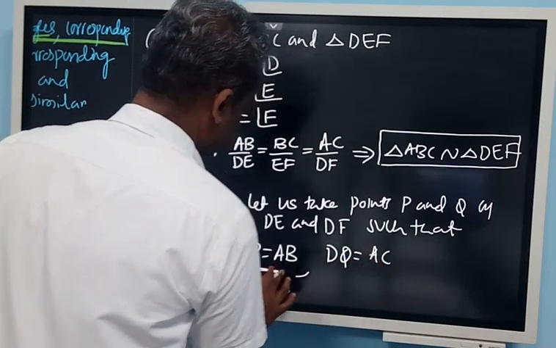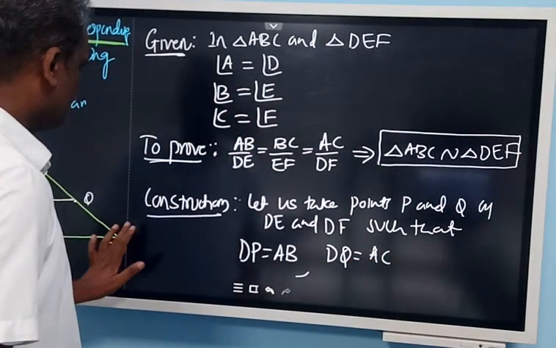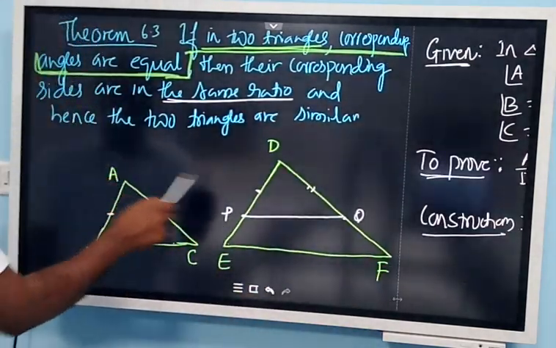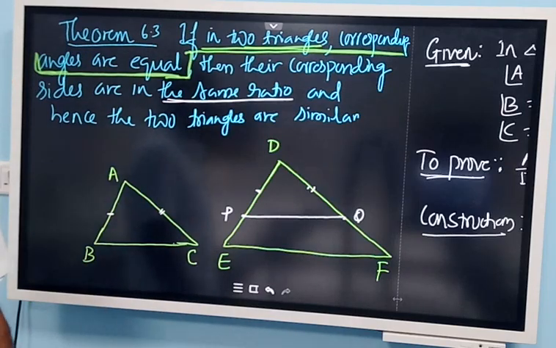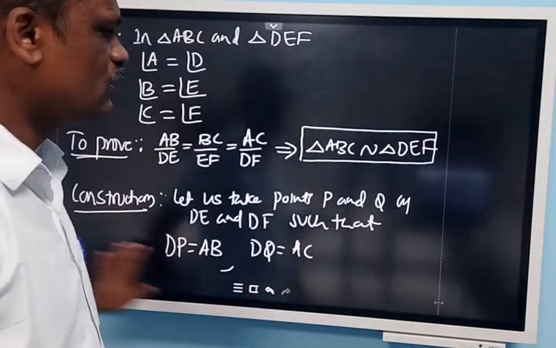This is the data that I have constructed here. Now look at this. We have taken DP equal to AB, DQ equal to AC. So let us go to the proof now.